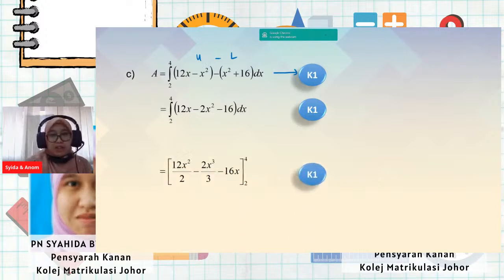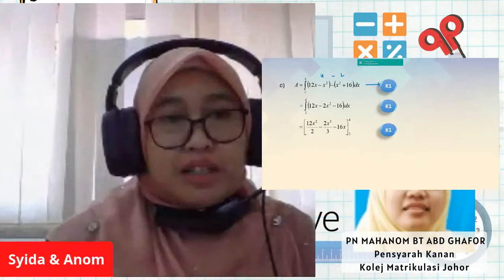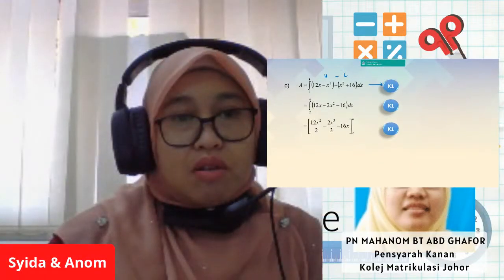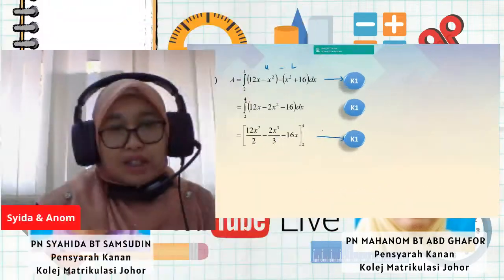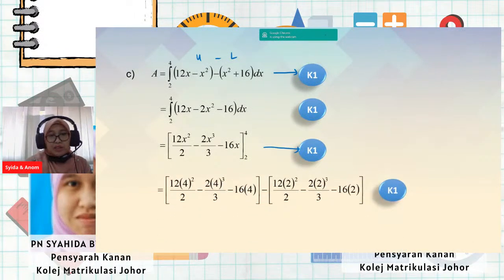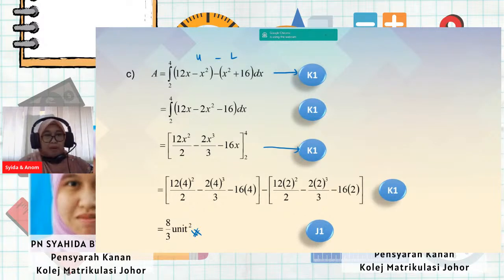Okay, you simplify, you get another K1 and then integrate, you get 12x squared over 2 minus 2x cubed over 3 minus 16x. Okay, this one another mark for your integration. And then substitute the limits. So you need to substitute upper limit, that is 4, minus the lower limit, that is 2. Okay, you calculate, you get the answer is 8 2/3 units squared. Okay, so that's it for part A.